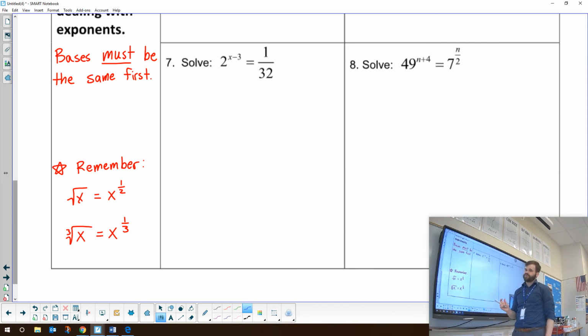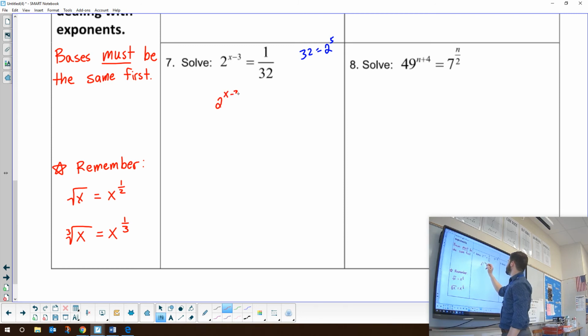First off, 32 equals 2 to the 5th power. So that's going to leave me with 2 to the x minus 3 equals 1 over 2 to the 5th power.